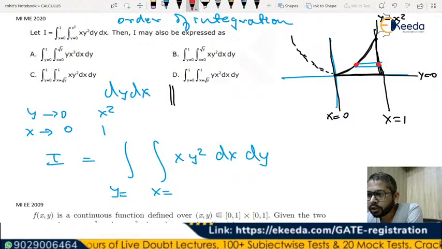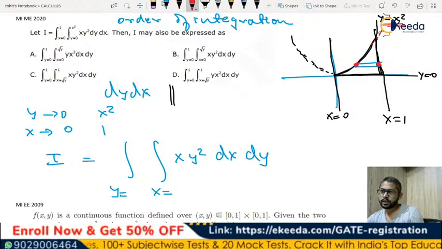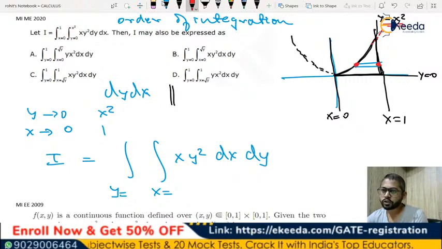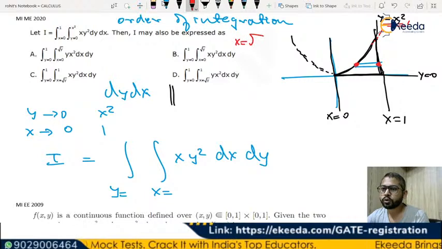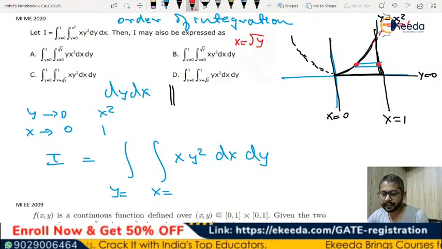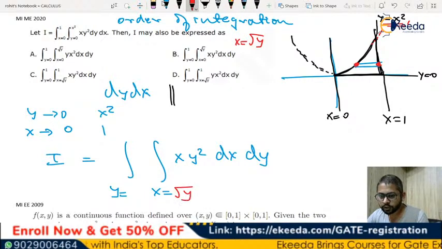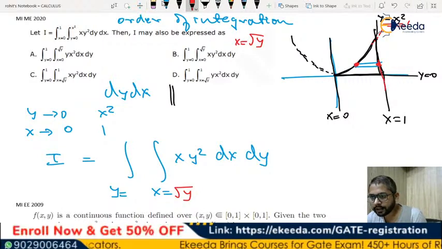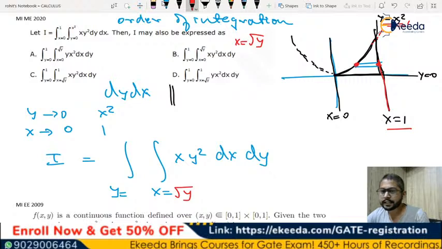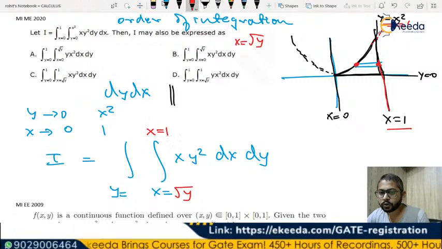So the starting point lies on this curve, y is equal to x square. Instead of that, you can also write x is equal to under root of y. So that means the initial point lies on x equal to under root of y. The end point lies on this line, right? What is this line? This is x equal to 1. So x equal to 1.